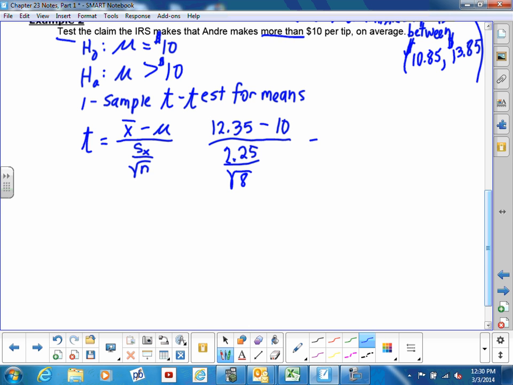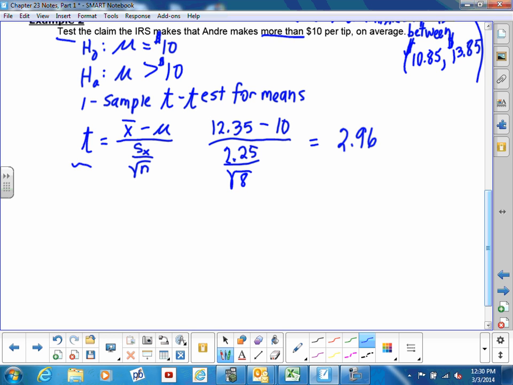Okay, so when I do that, 2.35 divided by 0.795, I get 2.96 as a z-score. Or, oopsie, it's not a z-score. What is it? It's a t-score.